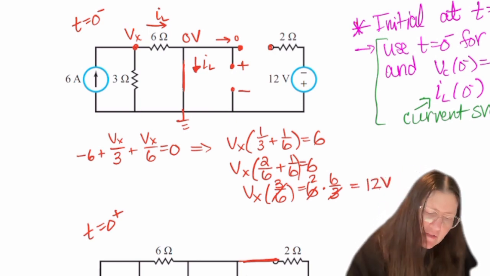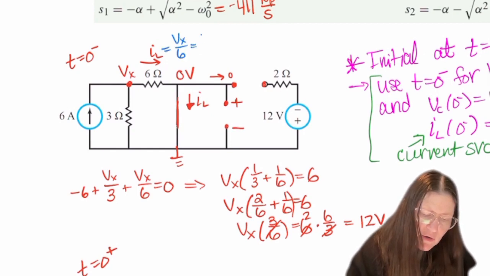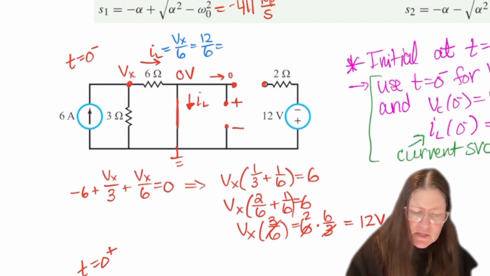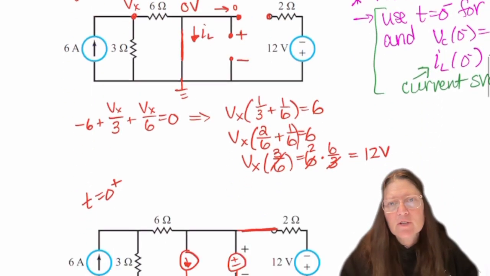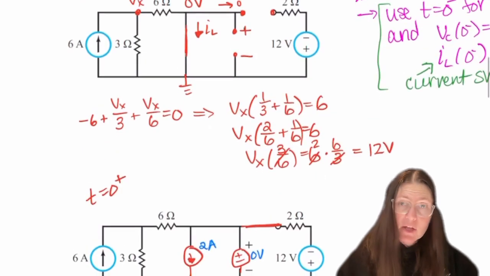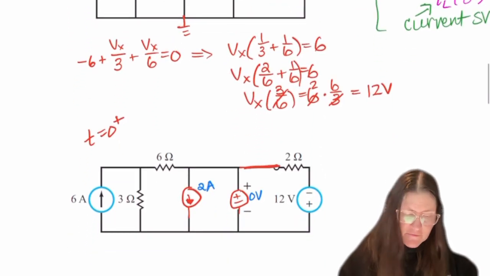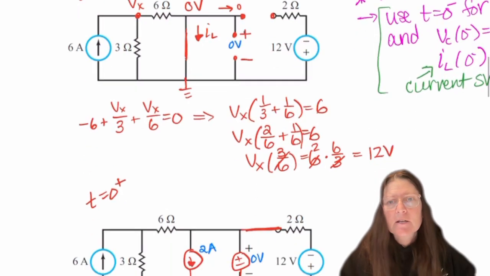So knowing that that's 12 volts, IL is going to be Vx over 6, so 12 over 6, which gives me 2 amps. So this will be my current source value of 2 amps. And this was in parallel with the short, so there's 0 volts there.